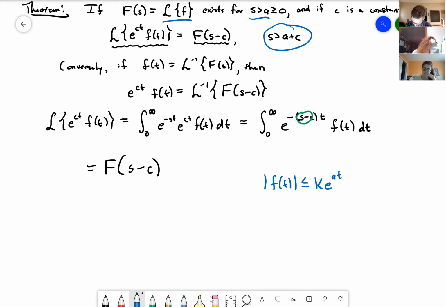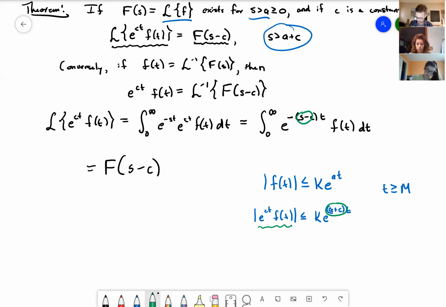Then just multiplying both sides by e to the ct, we get that e to the ct times f of t is bounded by e to the (a plus c) t, and so now our growth rate is a plus c. And so this function will be bounded by an exponential with growth rate a plus c. So we have it defined when s is greater than a plus c.